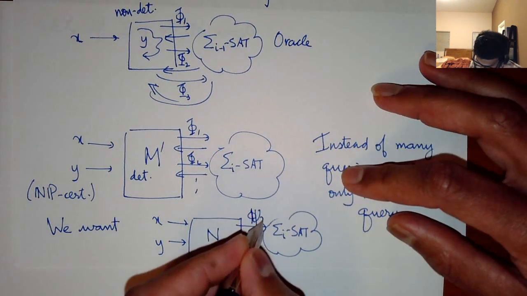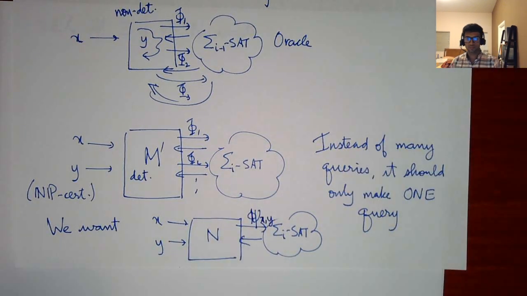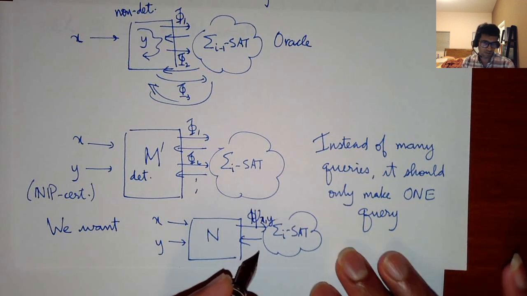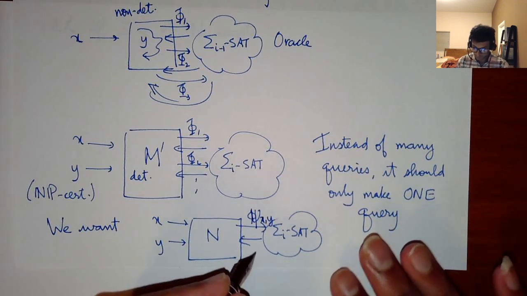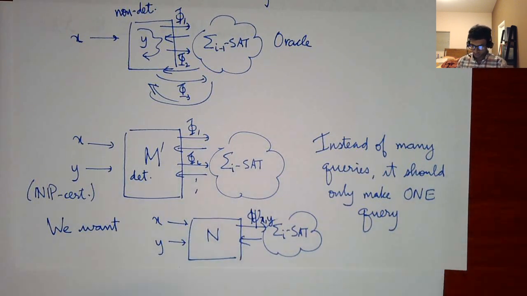C is some function of x and y, and so the response to this is either 0 or 1 or whatever.